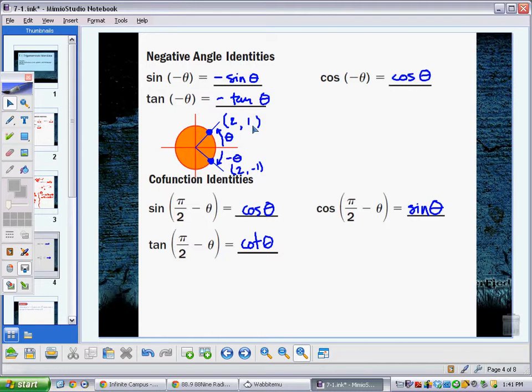So what we see is that the sine of a negative angle is the opposite of the sine of the positive angle. For instance, -1 is the opposite of +1.